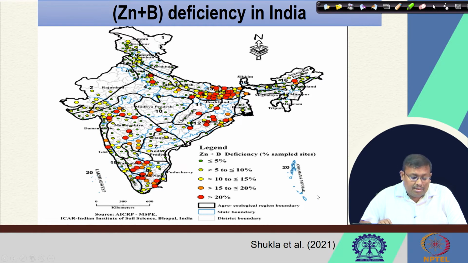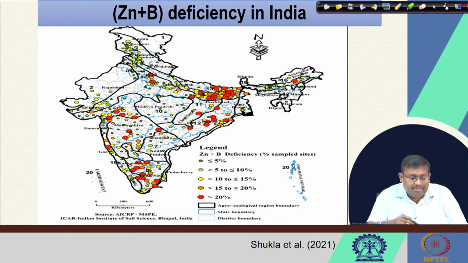So, if we combine both zinc and boron deficiency, that is among all the percentage of sample sites from all over India, we can have an idea about where we can see these two micronutrient deficiencies. So, these two micronutrient deficiencies can be seen in some parts of Bihar and Jharkhand, and also some parts of Orissa, some parts of Tamil Nadu, Karnataka, and also some parts of Gujarat and Goa.